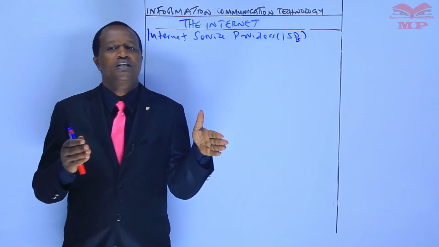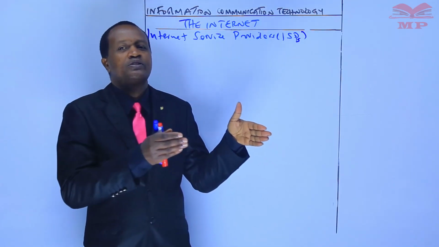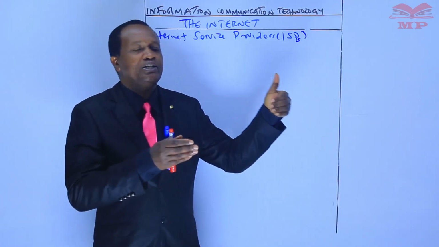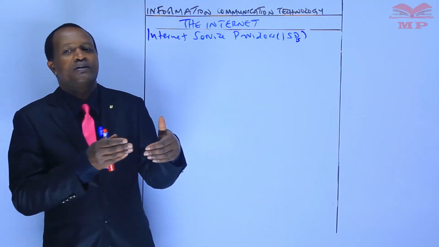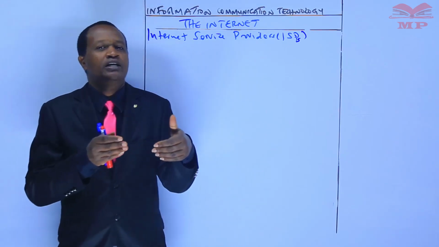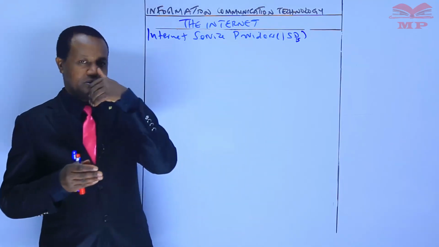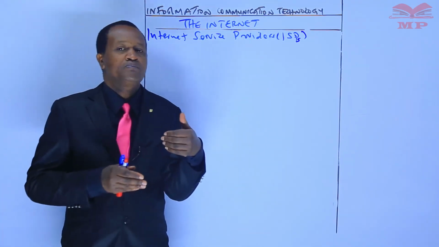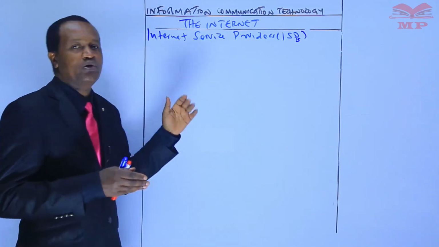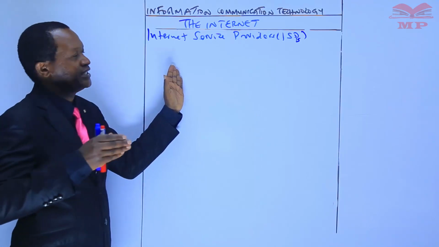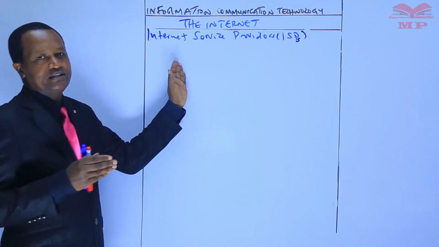So the internet service provider is an intermediary which gives one access to the internet using a number which one can enter and which enables a connection to be established. So do you understand? Internet service providers.